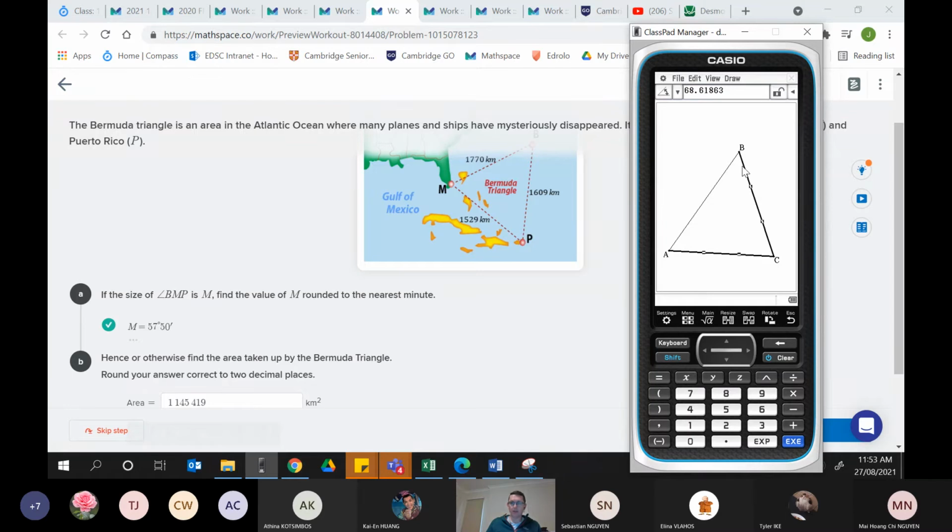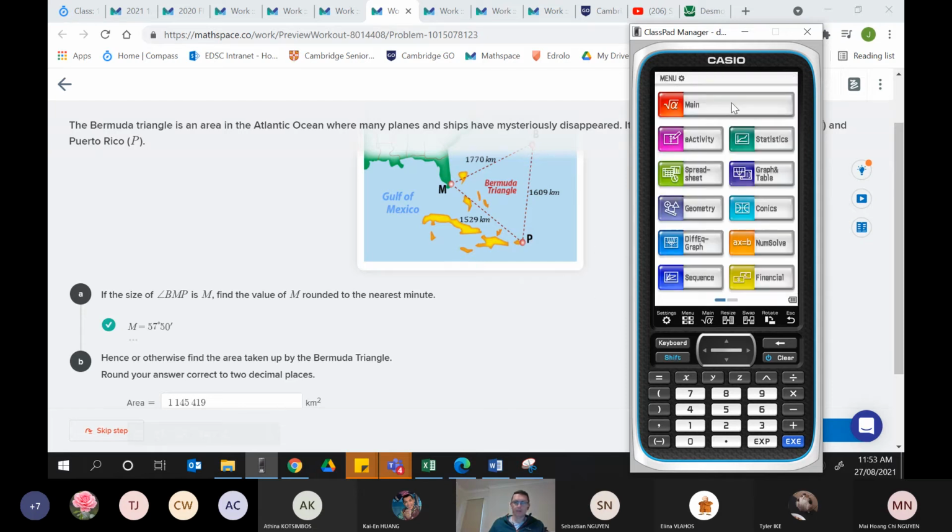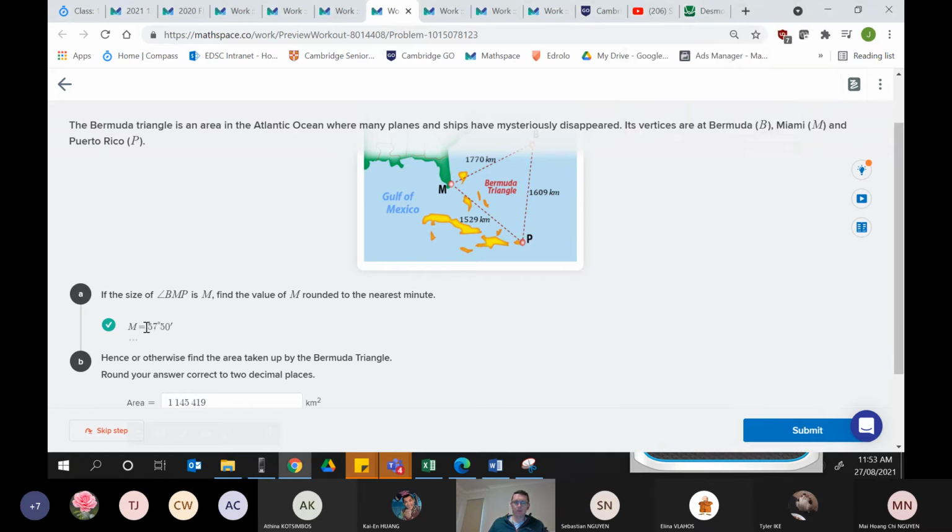Now we want to find the area. Sometimes this works. 155,419. That doesn't. Okay. So because they've done this with Mathspace rounded to the nearest minute, I would use that as your answer.